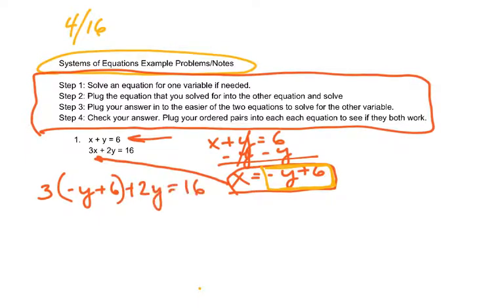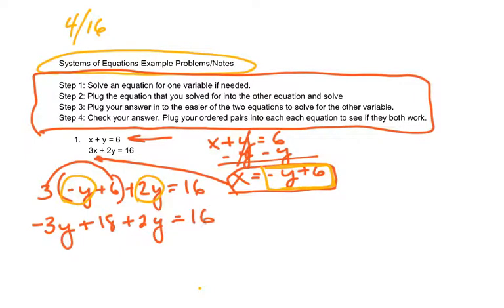You can see we have y's in this equation, so we're going to solve for y. 3 times negative y gives me negative 3y, and 3 times 6 is 18, plus 2y equals 16.